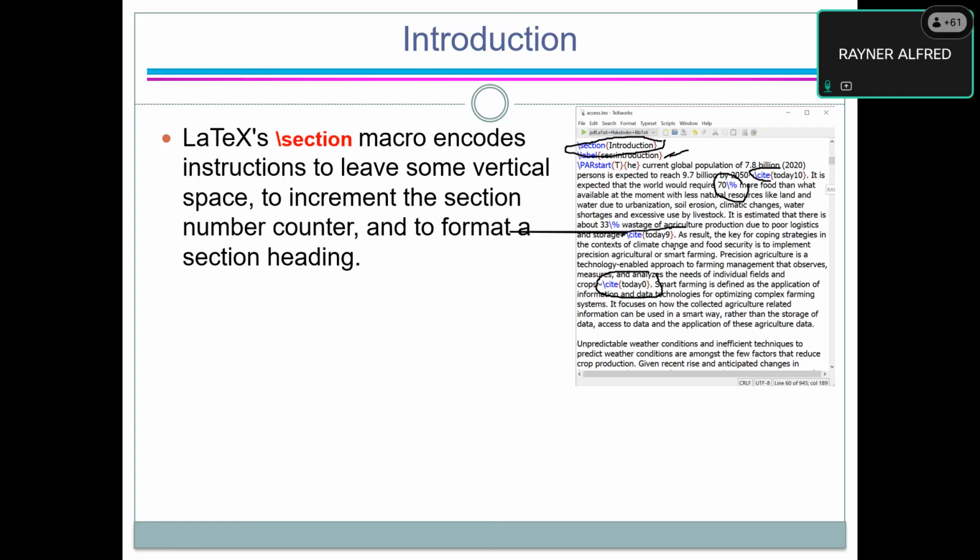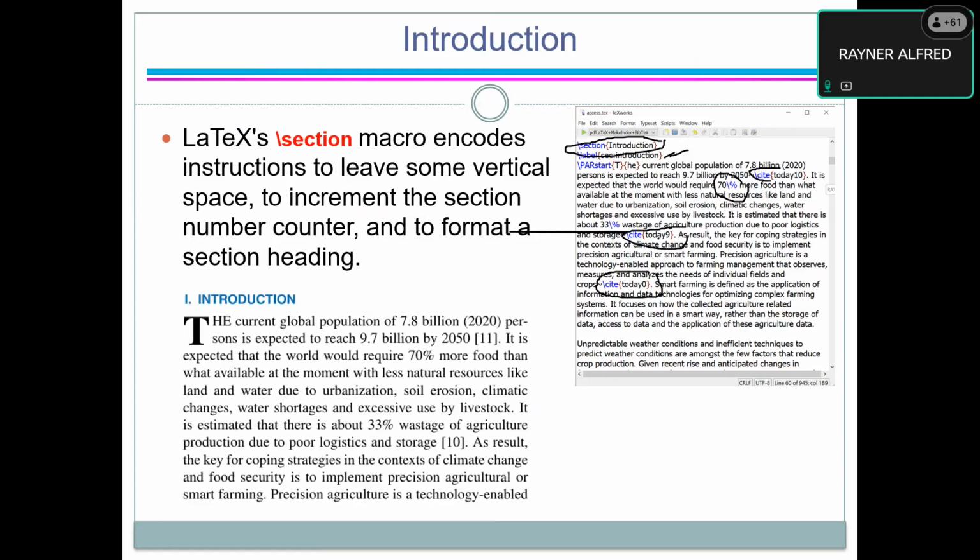So when you run the LaTeX or execute the program, you will see something like this. The section here will have a different color, and also the references here will be automatically taken from the list of references that we have.